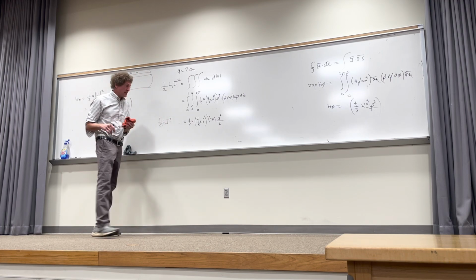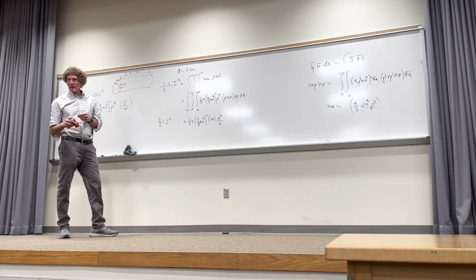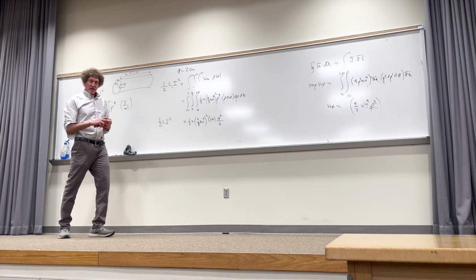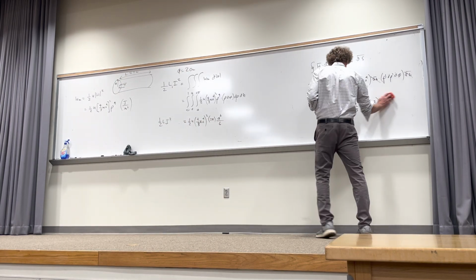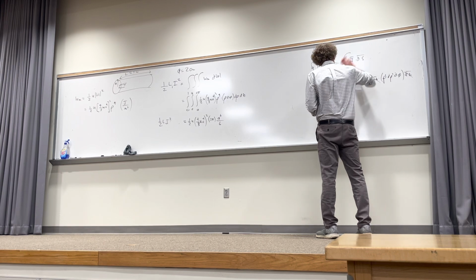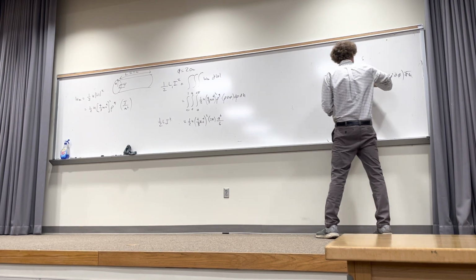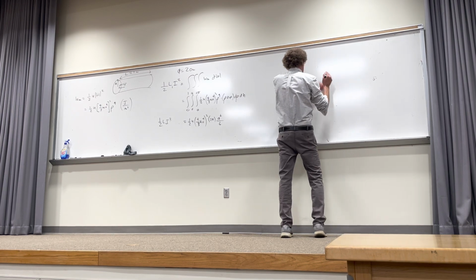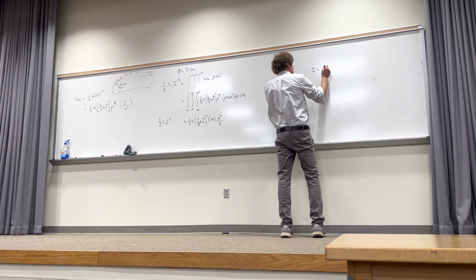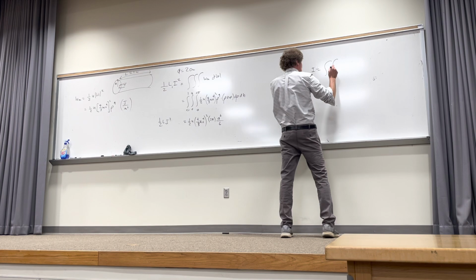What's the last thing I need to solve this, class? I. How do I get I here, Ashley, right? Integrate J, and we'll do that over here. So to get I, we're going to integrate. It's a double integral.